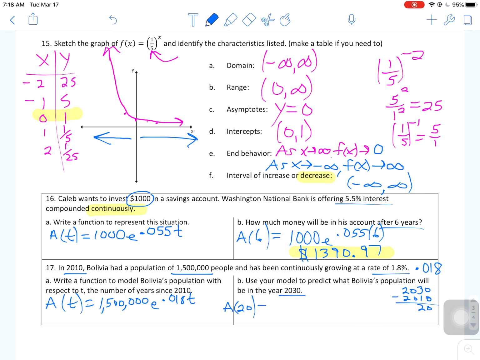And then you just plug it into the formula. It's very easy to mess up the number of zeros on this. So we have, I think I did that right. Yes. And then e times 0.018 times 20. So there's your initial equation. Type it in. I get 2,149,994.